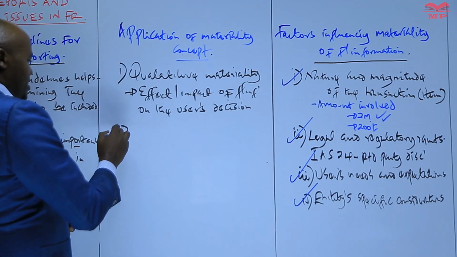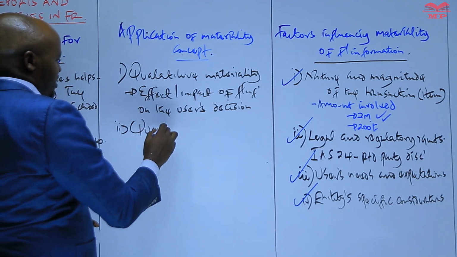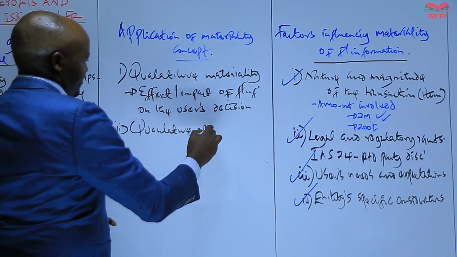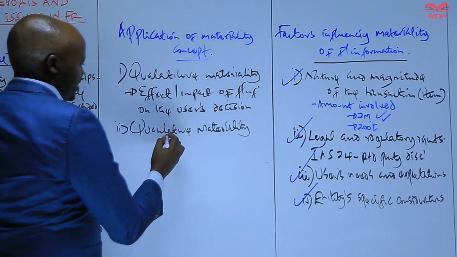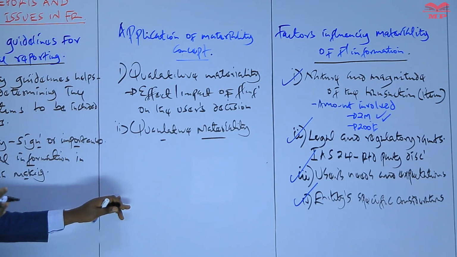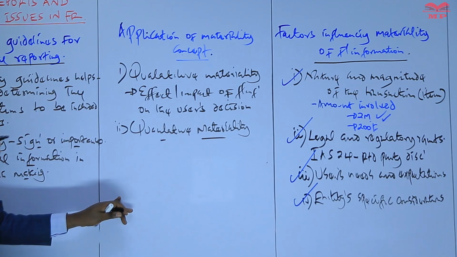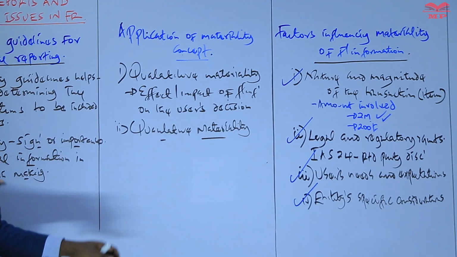The other way in which this concept is applied is quantitative materiality. When we talk about quantitative materiality, this entails expressing items in the financial statement as a percentage of a certain key financial metric.